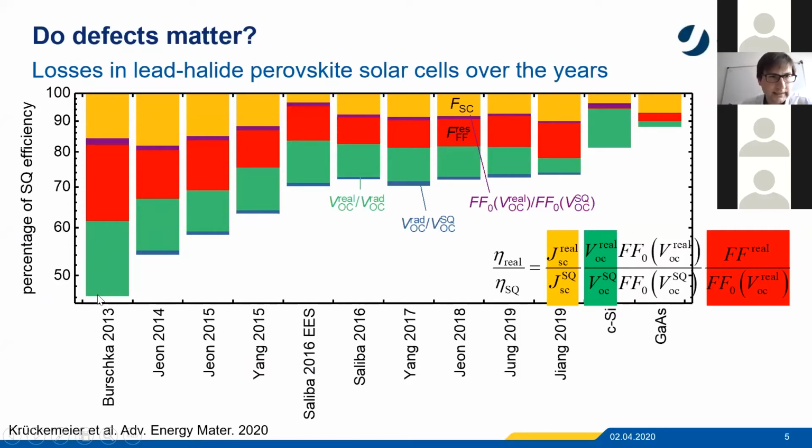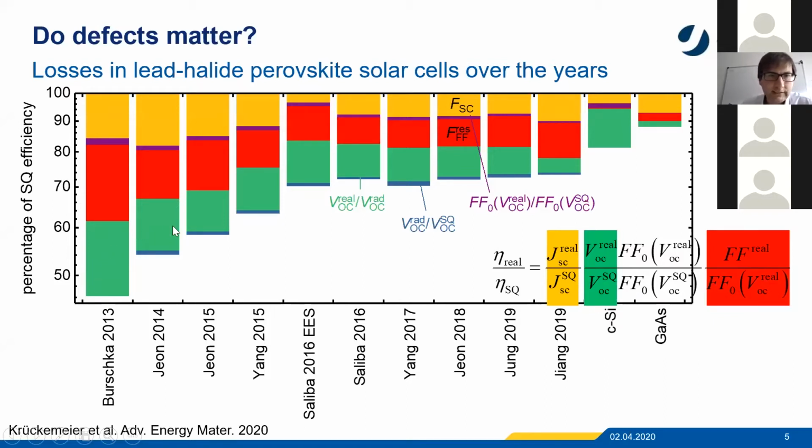The first one was a 15% solar cell, and that meant it had a bit less than 50% of the efficiency that it could have, which is about 30%. And what you see here are green, red, and yellow bars, which indicate the losses in fill factor, VOC, and JSC relative to the Shockley-Queisser limit for that respective band gap.